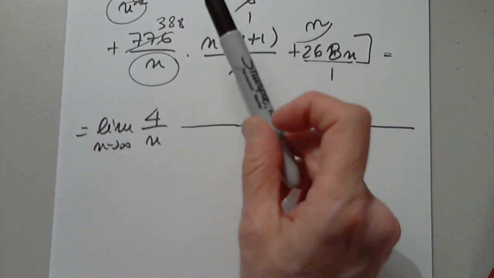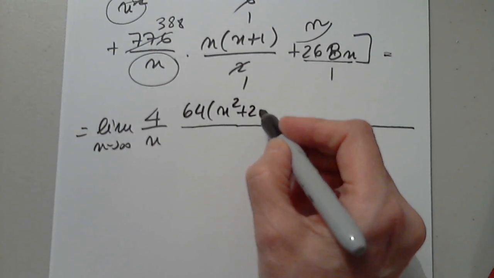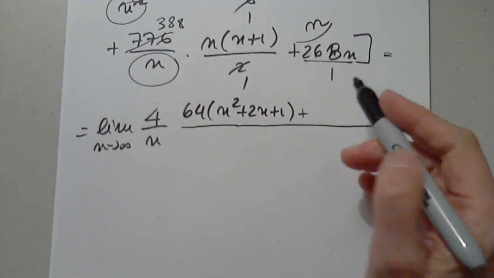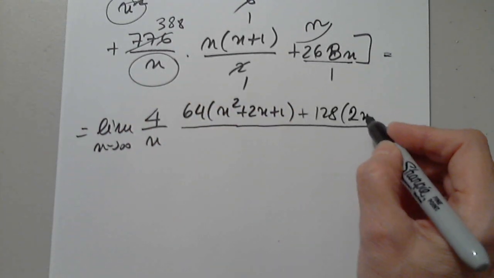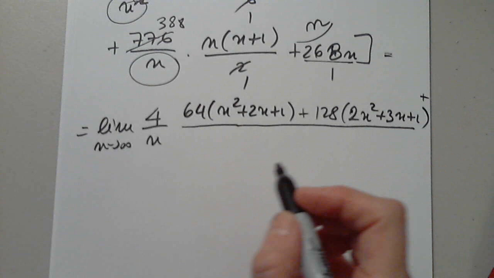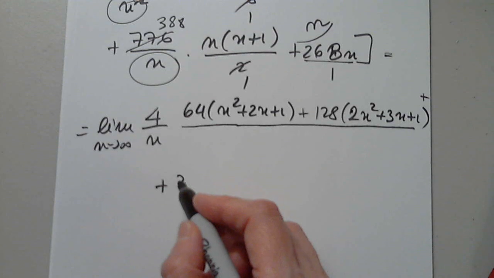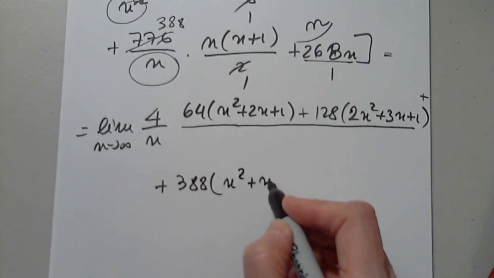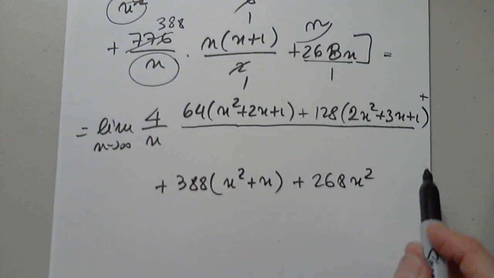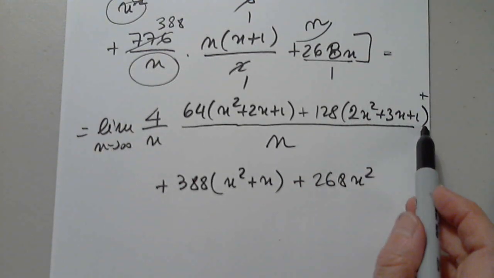Okay, almost there. 64 times n squared plus 2n plus 1, plus 128 times 2n squared plus 3n plus 1, plus 388 times n squared plus n, and plus 268 n squared. All these are in the numerator. The denominator has just n.